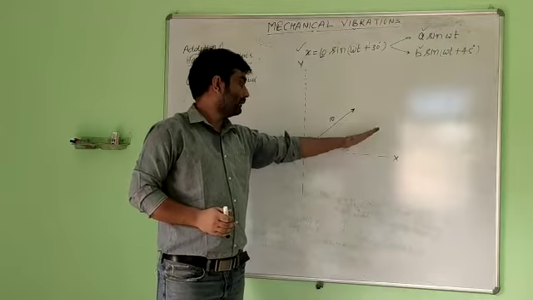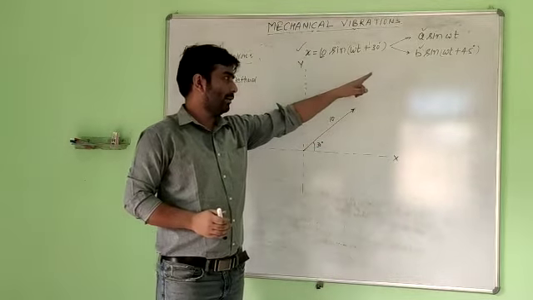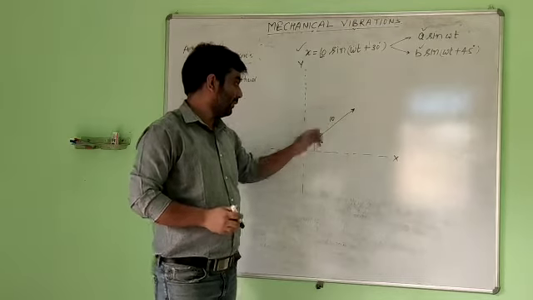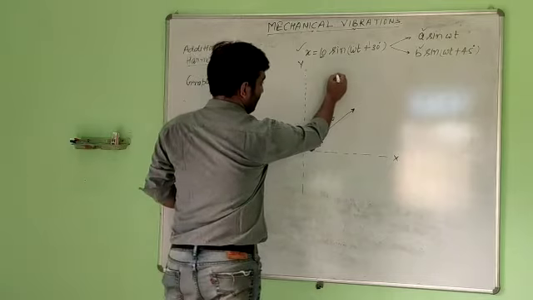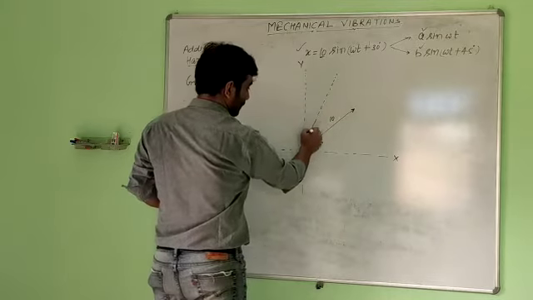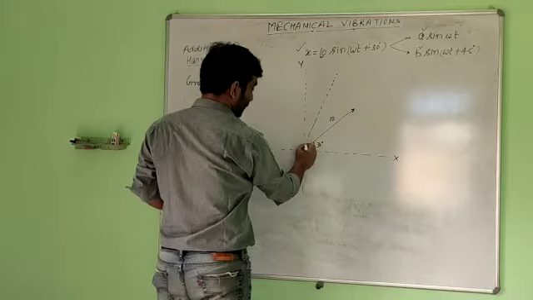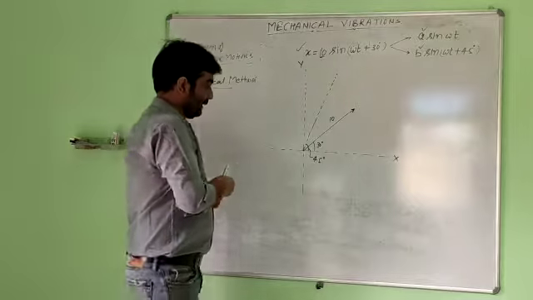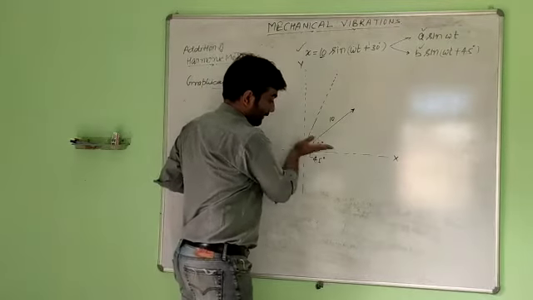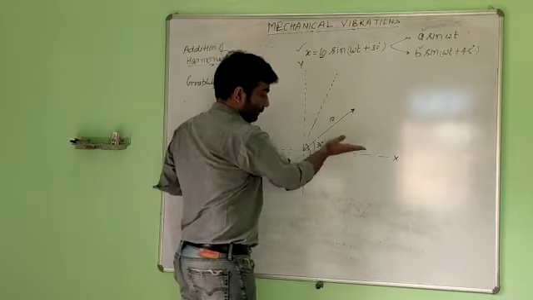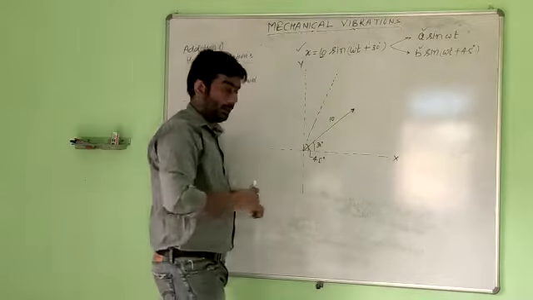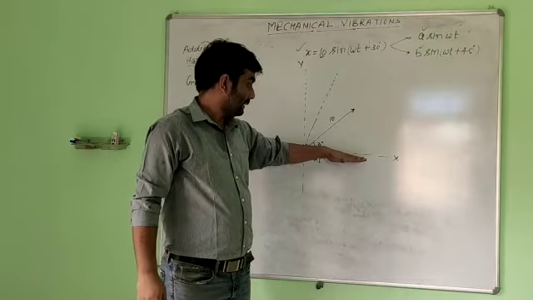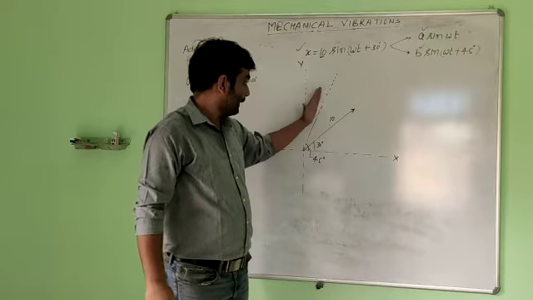The second harmonic motion has phase angle 45 degrees, so its line will be at 45 degrees. So the first side of the parallelogram will be here, and the second will be here.